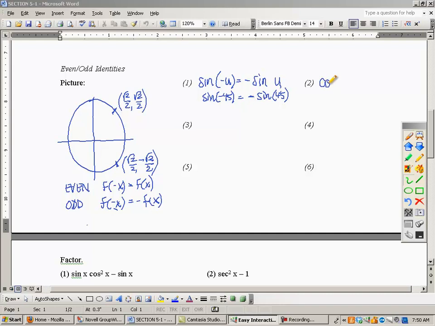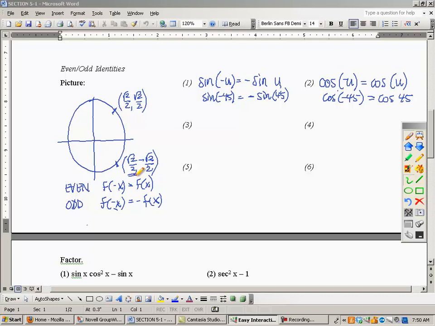The second one is the cosine. The cosine of a negative angle gets you the same thing as the cosine of the original angle. And I'm going to go 45s again. If I put in the cosine of negative 45, it gives me the same thing as the cosine of regular 45.